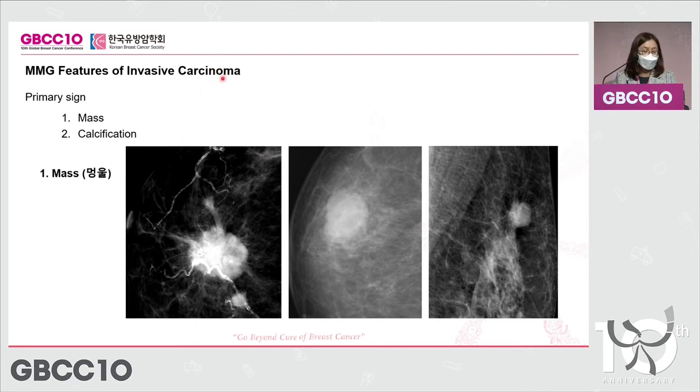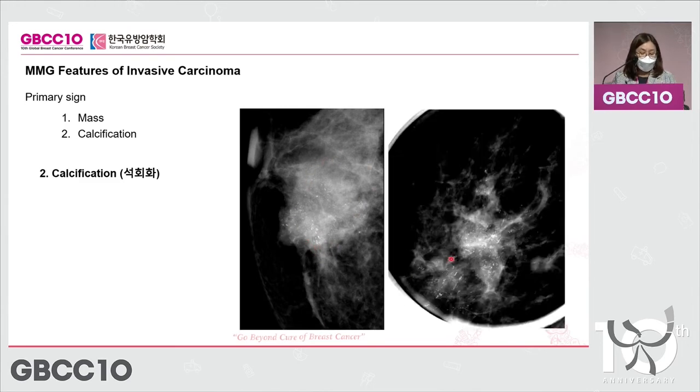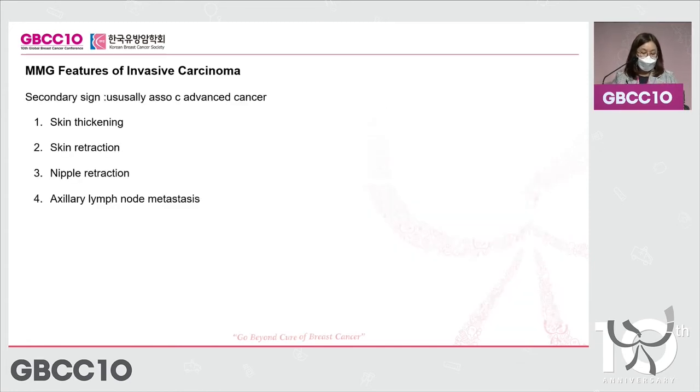In the case of invasive carcinoma, the primary sign is a mass or masses, also accompanied in several instances by calcification. This looks like an atypical calcification compared to the calcification that we saw earlier, so this would be suggestive of an invasive carcinoma.